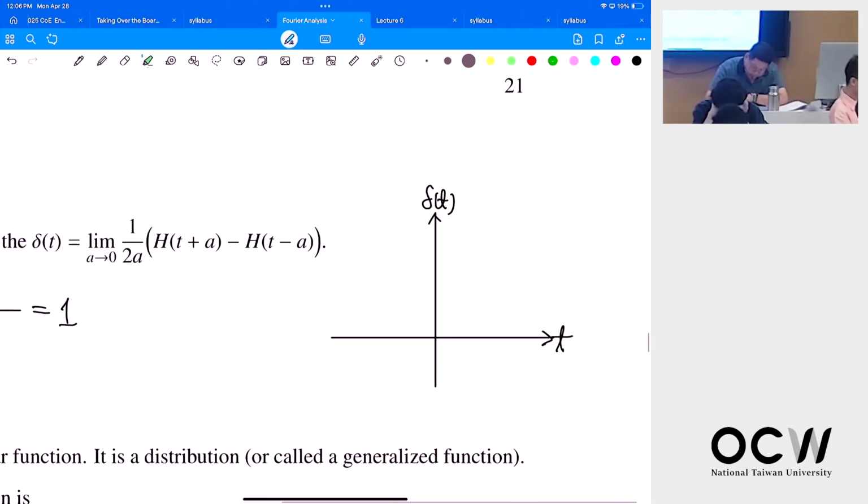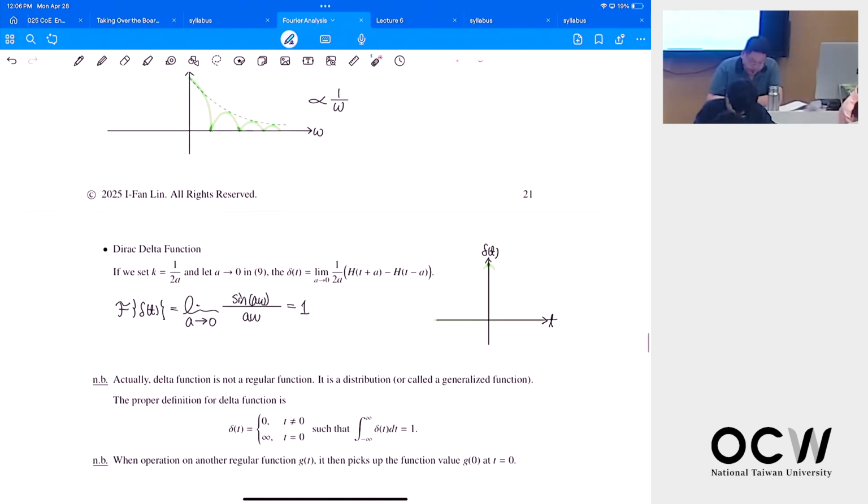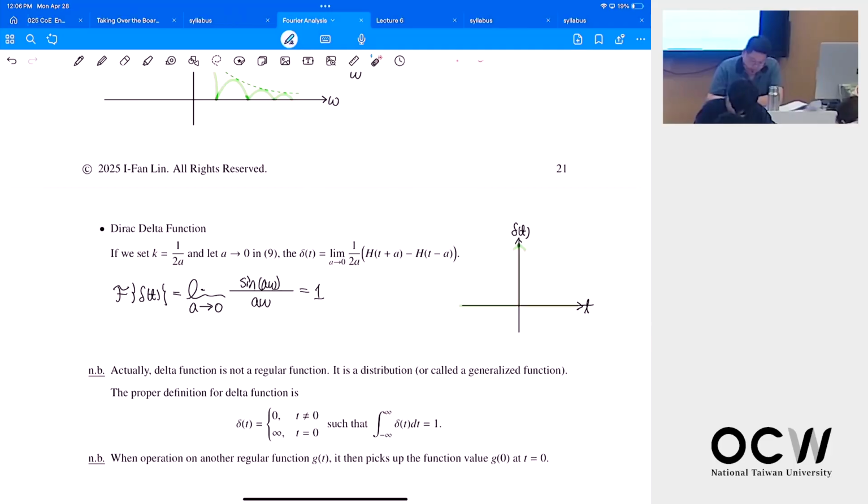Here it's like 0, 0, 0, and then here's 0. When t equals 0, it goes to infinity. So actually the delta function is not a regular function.